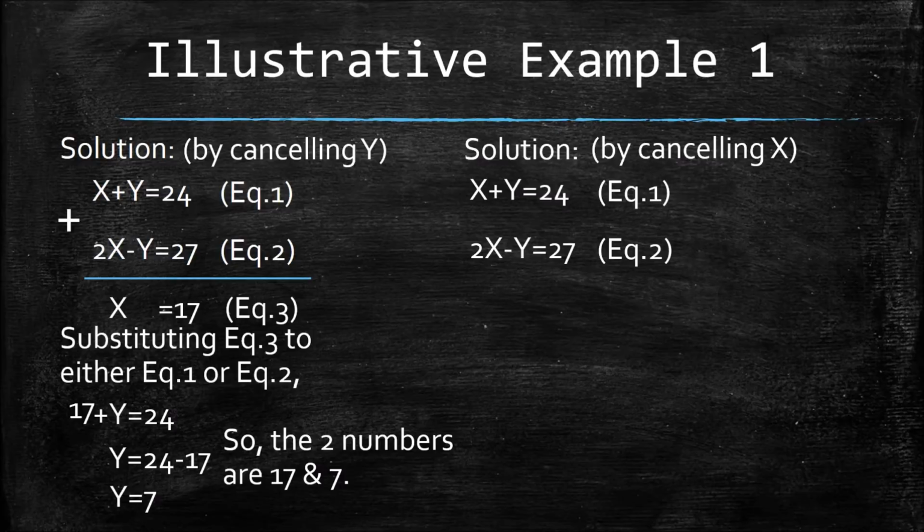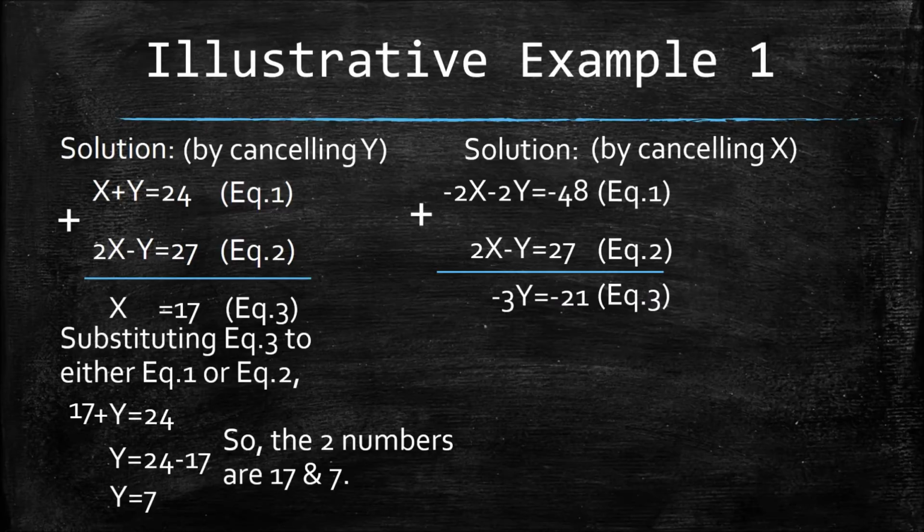Let's say negative 2. And we get negative 2x minus 2y is equal to negative 48. Now we can simply add both equations because negative 2x and 2x are additive inverses of each other. We get negative 3y is equal to negative 21, and we call that equation 3.